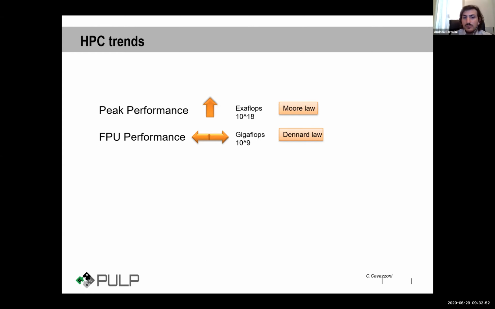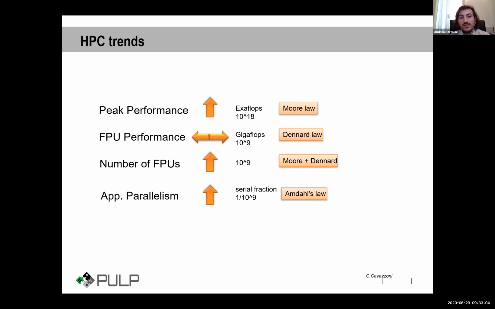And this means that we need to have in our system 10 to the power of 9 double precision floating point units, if we want to build an exascale system. Which means also that we need to have an application parallelism with a serial fraction of 1 over 10 to the power of 9 due to Amdahl's law, to be capable of using effectively this system.